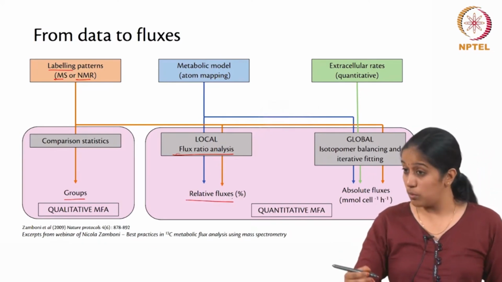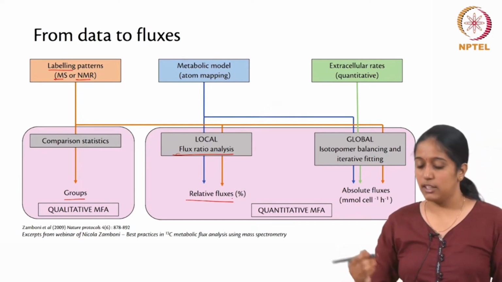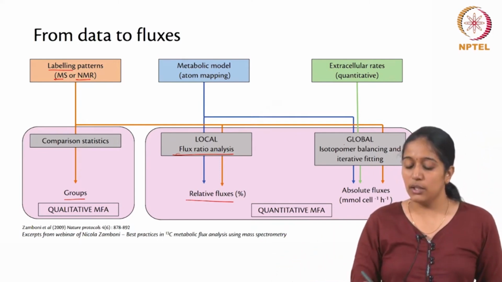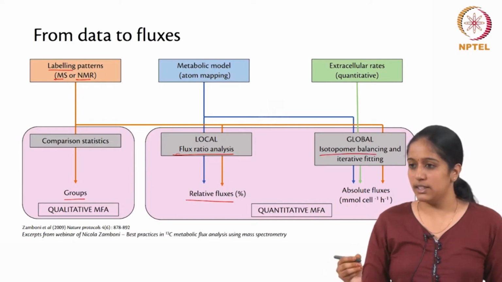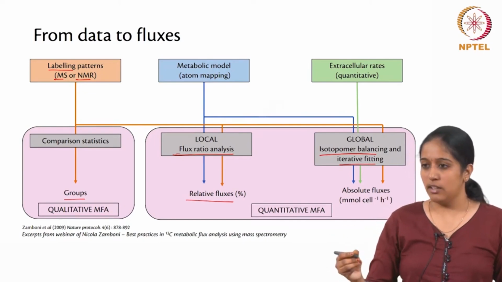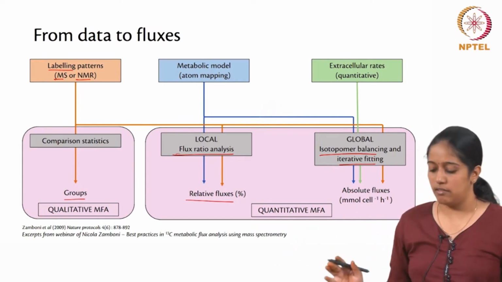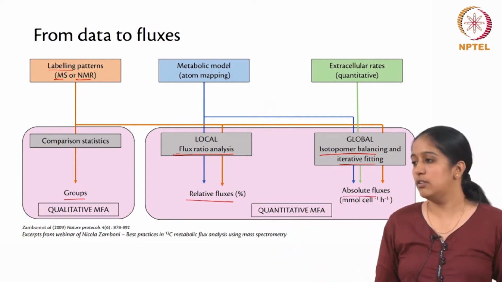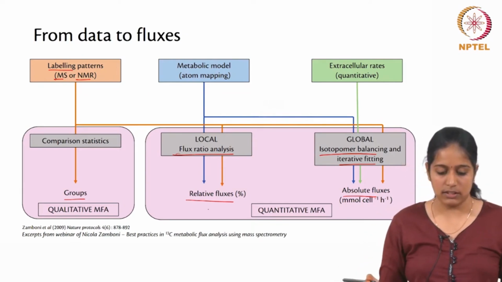Whereas, when you also quantify the extracellular rates such as the substrate uptake rate and the product formation rate, you can do a global analysis where you do isotopomer balancing and you have a model and you do iterative fitting to find out the flux map for a particular pathway, and these would give you the absolute fluxes. So, here you get the relative fluxes and here you get the absolute fluxes.